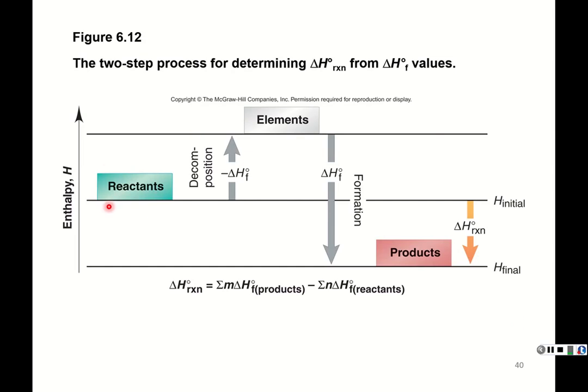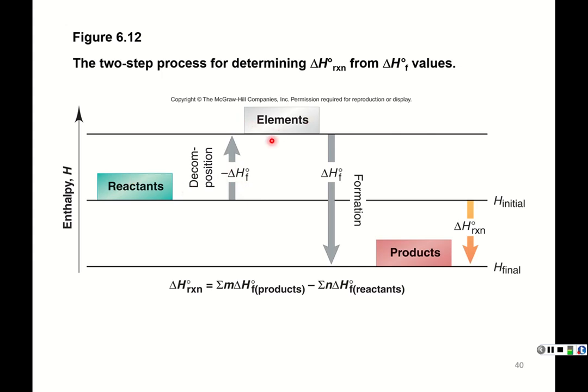If we depict this in a picture, what this would look like is, we have reactants, and they have a particular enthalpy value. If we break these reactants apart into their constituent elements, that would be a negative delta H of formation for those.